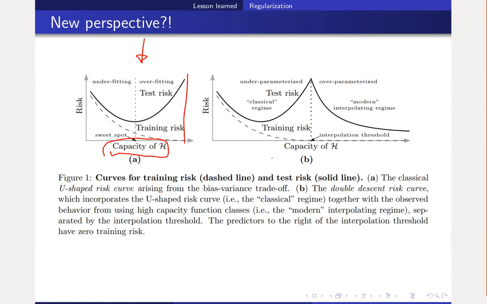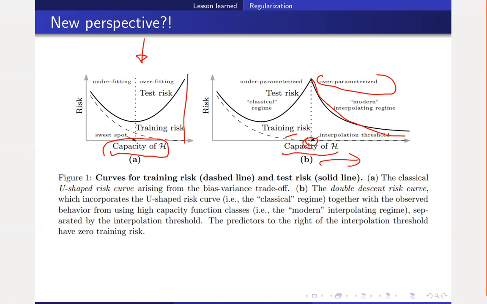And they find that if we continue to go beyond that, where the number of parameters is larger than the number of training samples, then you get to this over-parameterized regime where the testing error actually continues to go down. Of course, the training error will always just go to zero.